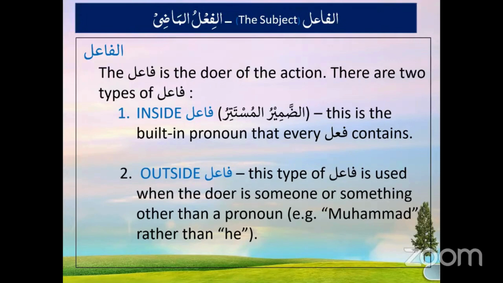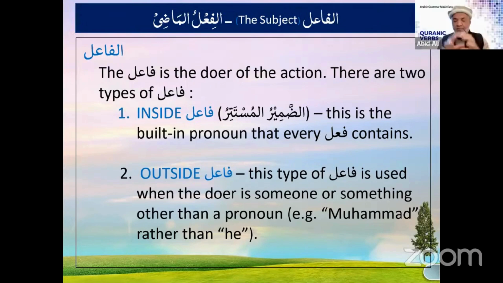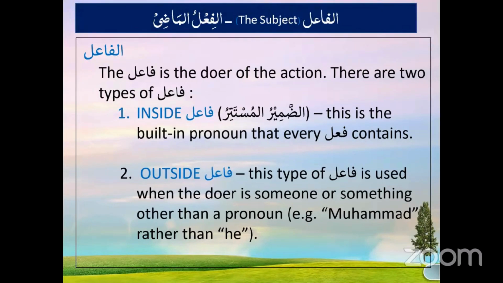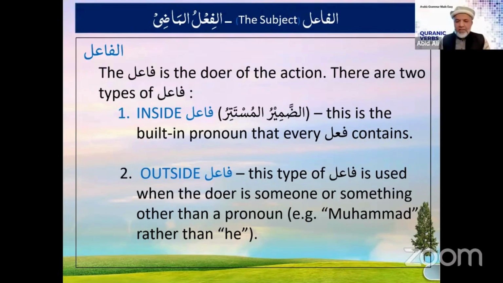Is he an outside fa'il, a visible fa'il? Yes. Okay, good. In the second sentence, I said he sat down. I did not say Abid sat down. So when I say jalasa, it means sat down. What is the translation of jalasa? He sat down. So is the he inside the jalasa? Yes. Okay.